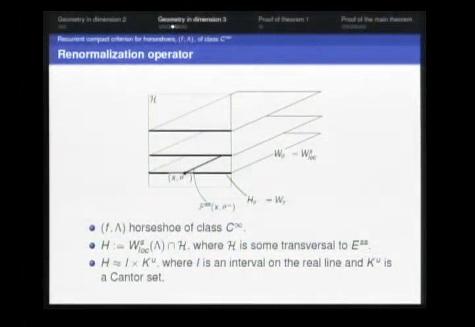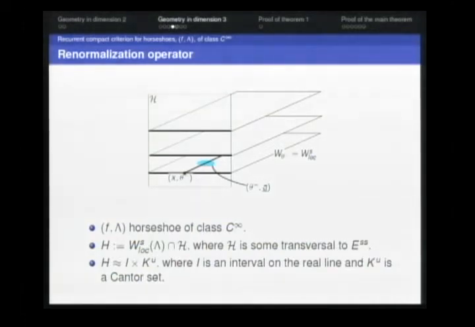So I give an address like this: x is in the interval and theta minus in the Cantor set. And if its strong stable leaf does intercept a piece, then we say that it has a renormalization operator associated to the cylinder of this point.